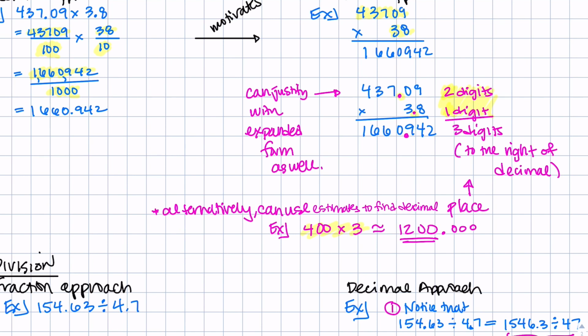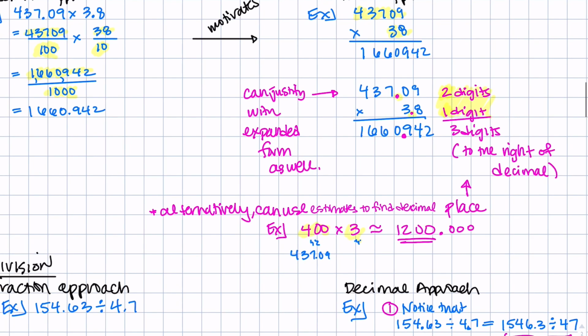That's what I meant to say with this example: if I look at the previous example, 437.9 times 3.8, the place value should be about like multiplying 400 times 3, right? Because this is approximately equal to 437.9, and this is approximately equal to 3.8.